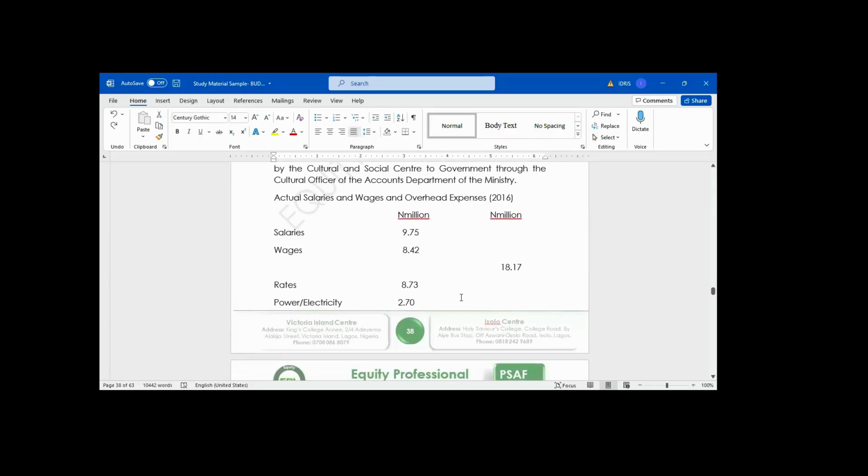The first is salary, wages, as they prepared it in 2016. That is how we are going to prepare it for 2017. All that changes is just the figure.